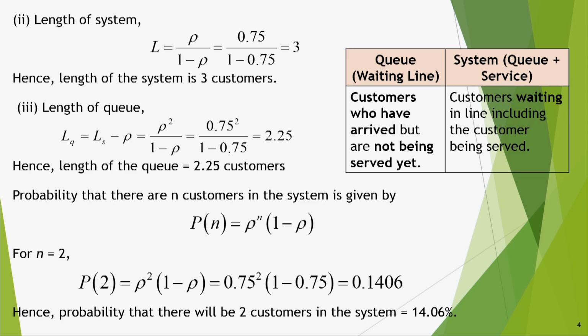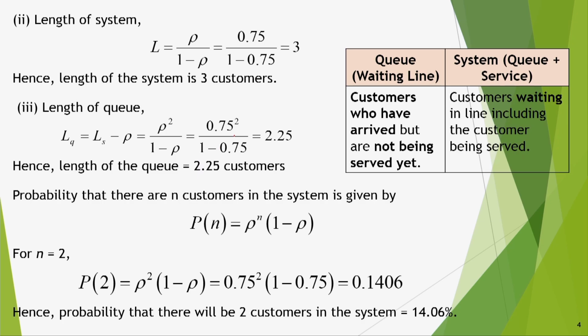And then the length of the queue. The next question was the length of the queue. So Lq is equal to Ls minus rho. Lq is the number of customers waiting. That is the formula. If you do rho divided by 1 minus rho minus rho, you will get rho square by 1 minus rho.